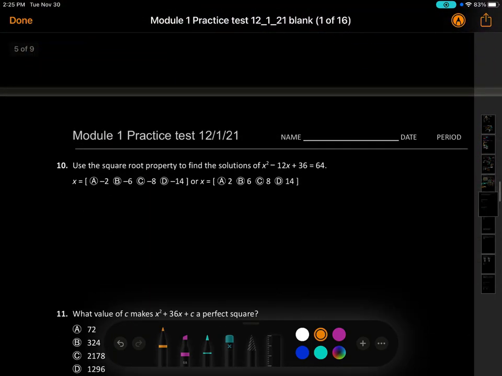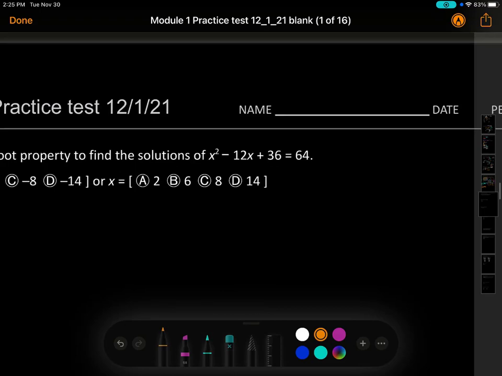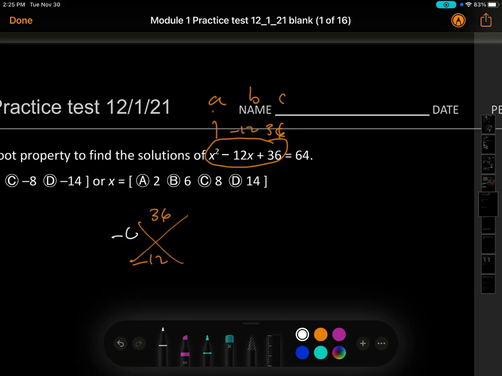Okay, number 10. Use the square root property to find the solutions. Okay, that means that this side is factorable. So A, B, and C. Whoops, 36. So 36, negative 12. My two numbers are negative 6 and negative 6. And all I have to do is take the square root of both sides.